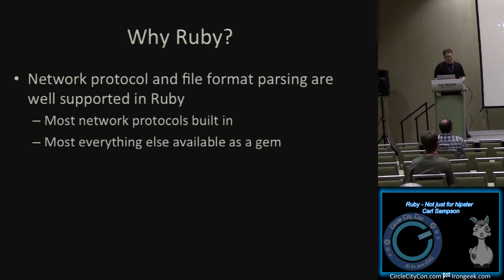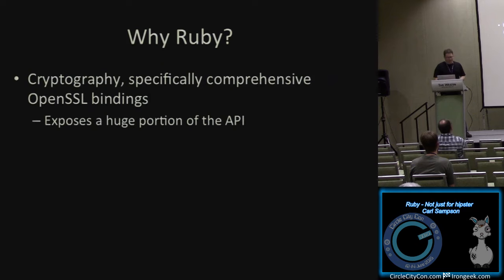It has wide support for network protocols and file format parsing. Most of the standard network protocols are built in, and everything else is typically available as a gem. So if you want to look at different document types or different protocols, it's typically pretty easy to add. It has pretty comprehensive OpenSSL bindings that expose a huge portion of the OpenSSL API, more than is available through most other languages like Python and other scripting languages.